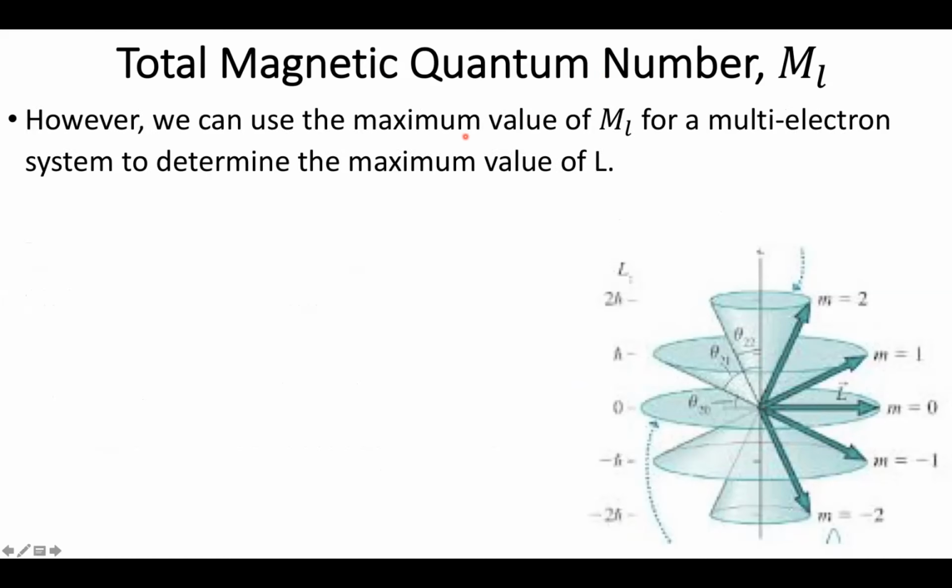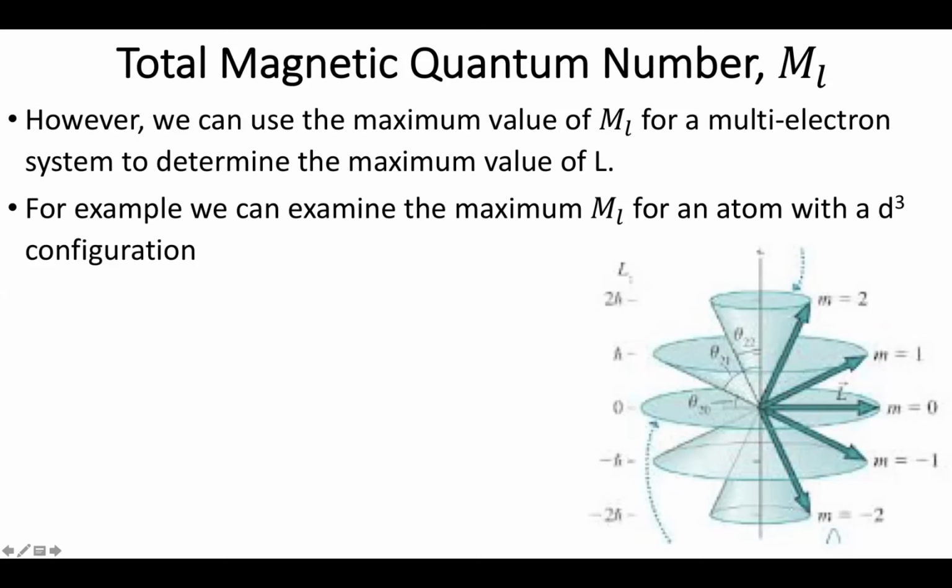So if I'm able to figure out the maximum value of my magnetic quantum number from an orbital filling diagram, I can also figure out my maximum value of my total orbital angular momentum. Now, this isn't really that important if I have 2 electrons, but as soon as I have 3 or 4 electrons, this can become quite important, because it turns out that not every single value of our total orbital angular momentum that we would hope can be occupied actually can exist.